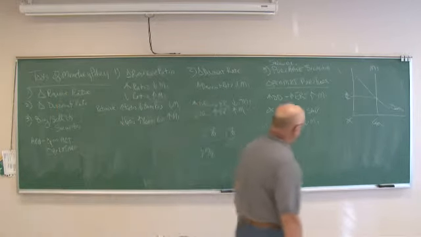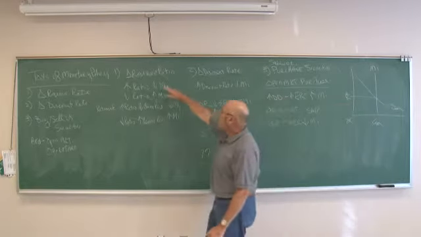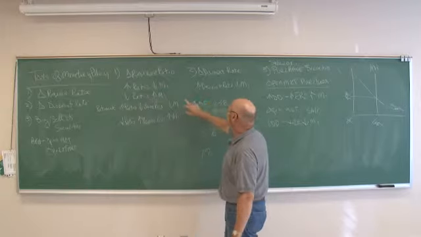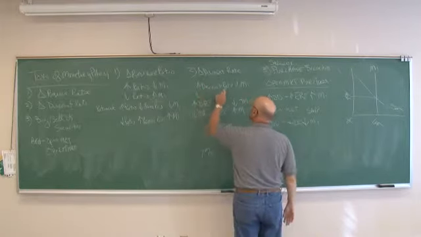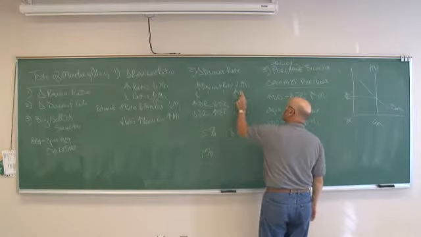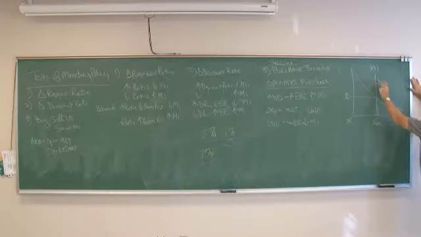And in doing that, if the Fed increases the money supply, or in fact lowers the reserve ratio, lowers the discount rate, or does an open market purchase, the money supply will move to the right, M1 to M1 prime.